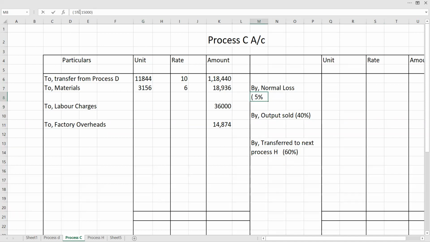So 5% on 15,000 units, and the answer is 750.